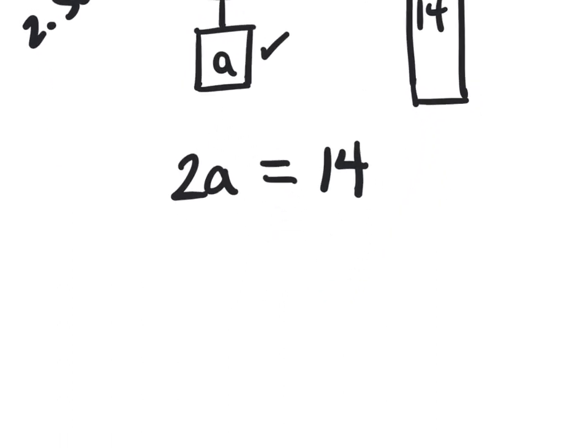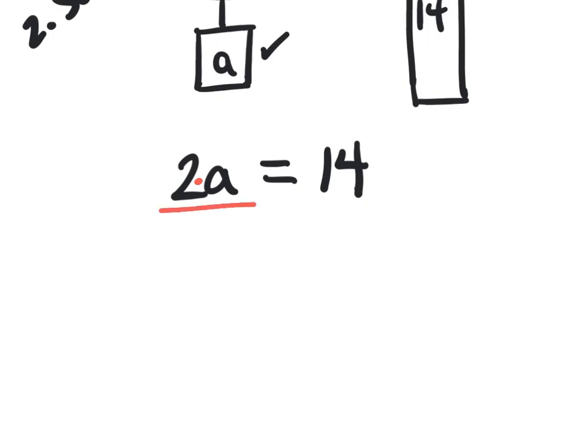Now I need to solve this problem so that I know the value of 1A. And I bet a lot of you can do that without even doing anything. You can look at this and say, oh, A is equal to 7. But I'm going to show you how we do that. We use the inverse operation, and right here I have 2 times A is equal to 14.